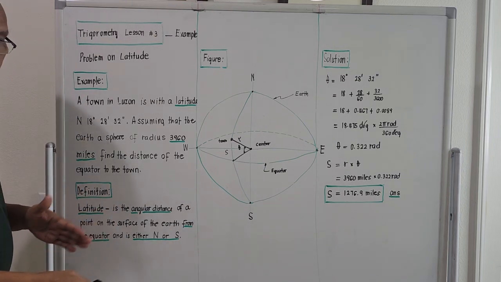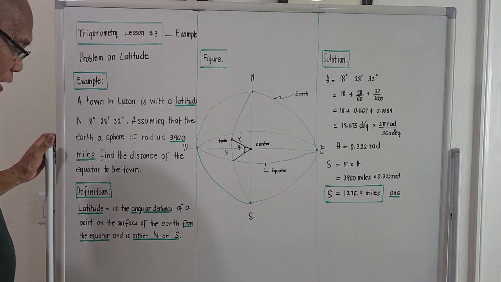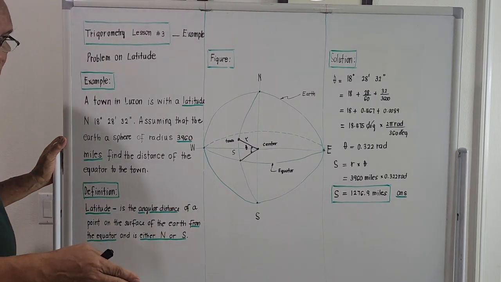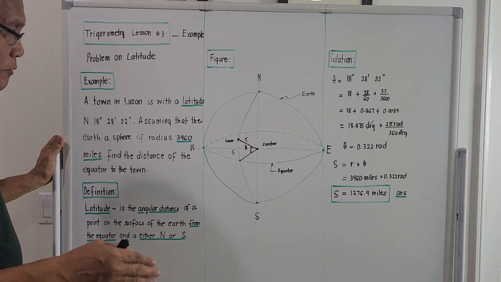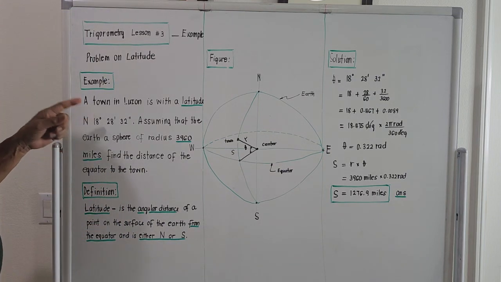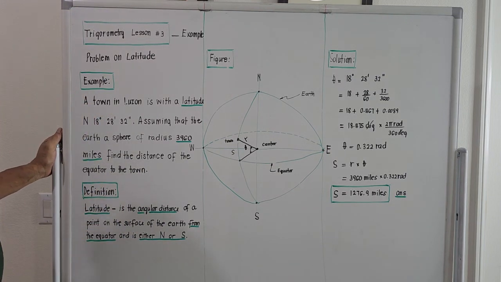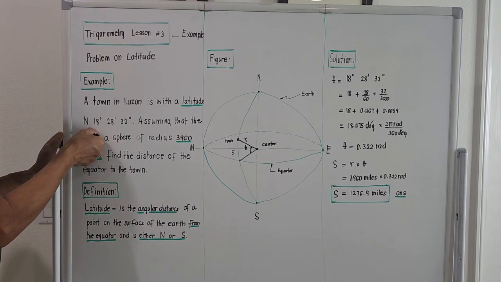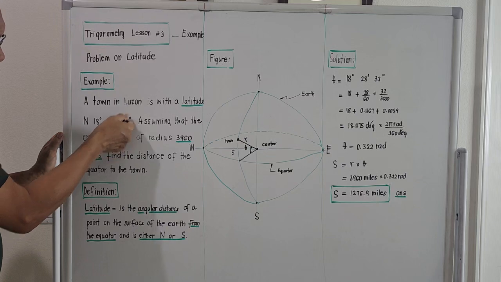Latitude involves angle. I will read the problem so we could visualize the solution. A town in Luzon is with a latitude of north 18 degrees 28 minutes 32 seconds.